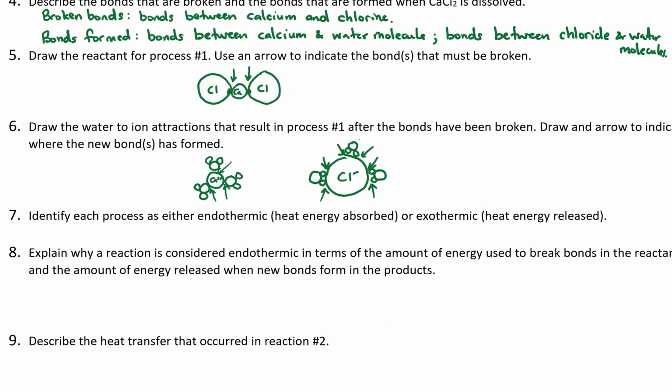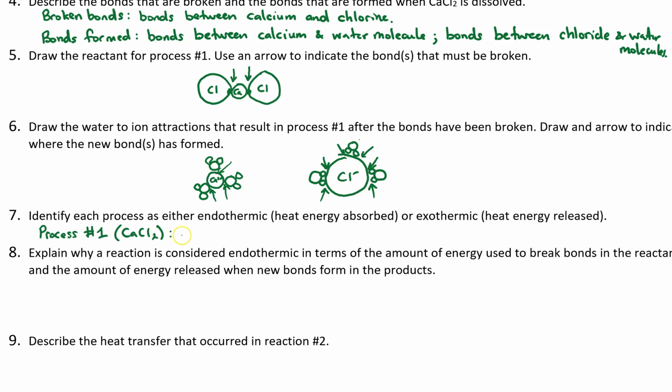Identify each process as either endothermic or exothermic. When we are referring to a process, it's just the reaction that we made. So the dissociation reaction in part 1 and the dissociation reaction in part 2. I'm going to label it process 1. Process number 1 was dealing with calcium chloride. And if we look at our data table, we know that there was a release of heat, or the temperature got hotter.